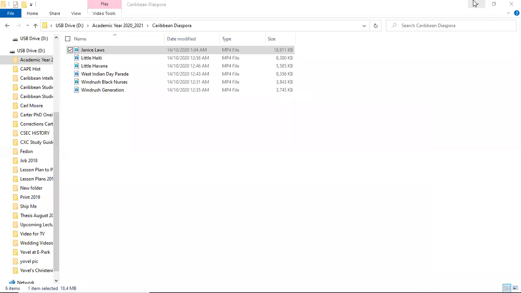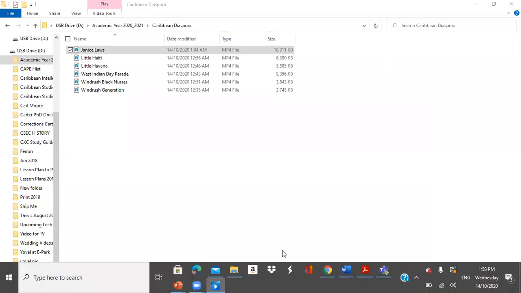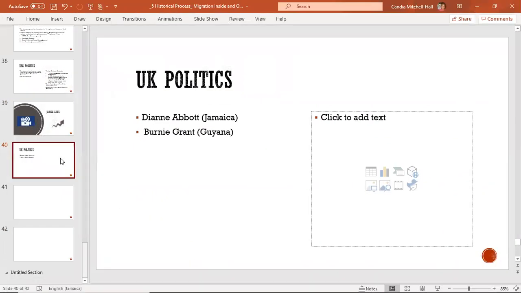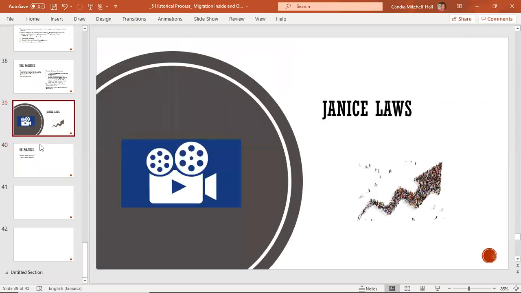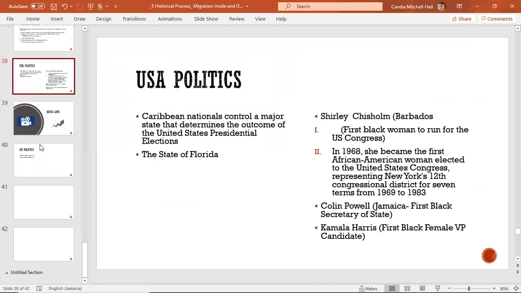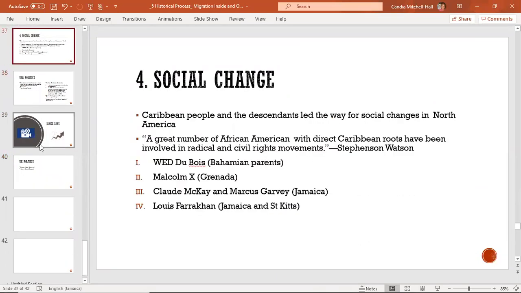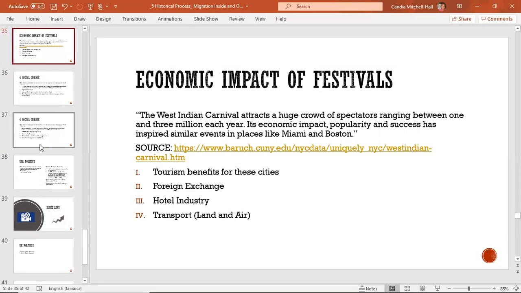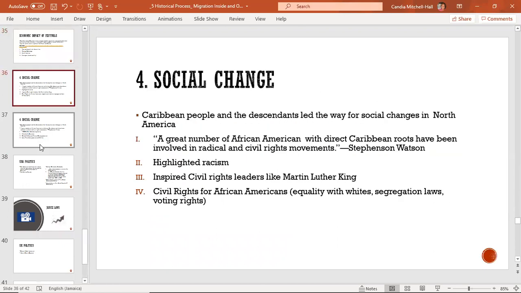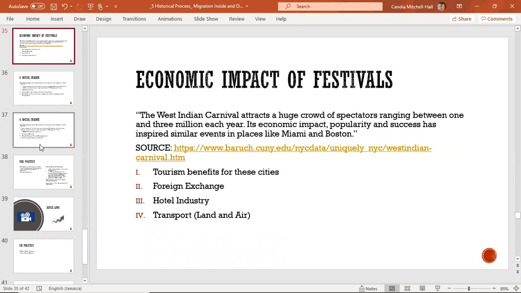All right, ladies, so we know for sure that Caribbean people have impacted the UK, the US, when it comes to politics, both at the state level and also at the national level. We have also led to social changes in these places.